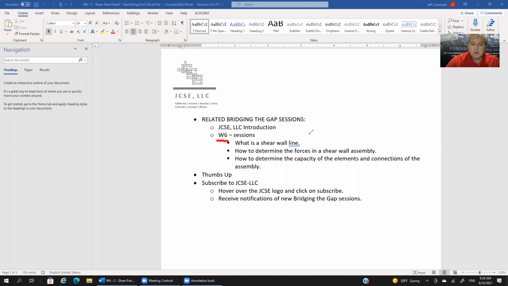We'll cover what a shear wall line is, the forces that are in the assembly, how to determine the forces in the assembly, how to determine the capacity of the elements, and designing the connections for those assemblies. So just look for other sessions that are entitled W6.